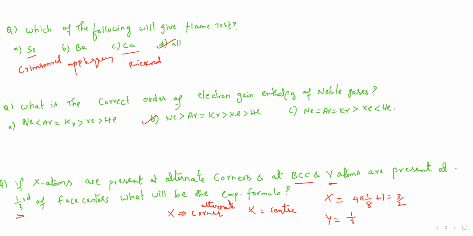So that is 1 by 3 into each face, total faces 6, and each face will be half of the atom. So that is 6 into 1 by 2, which is equal to 1. So the conclusion is X is 3 by 2 and Y is 1.